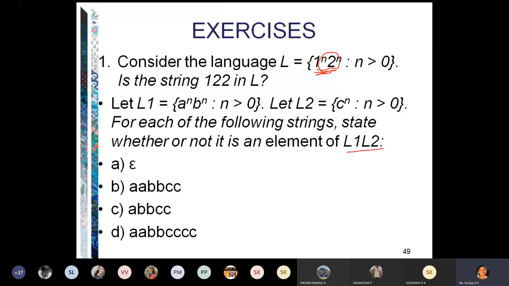Concatenation, you can do it in your notes, but the question is just to state whether your answer is yes or no. What about the first one? Epsilon. No, right? Why? Because greater than 0. Because of this reason, epsilon is not a part of L1 L2.